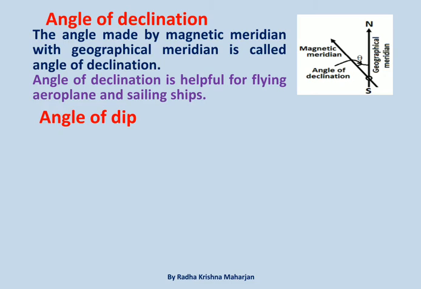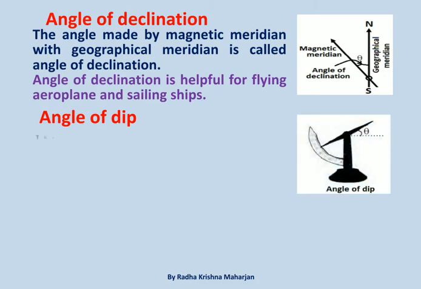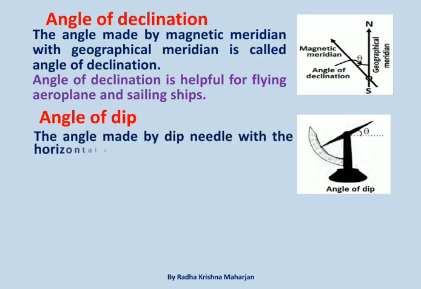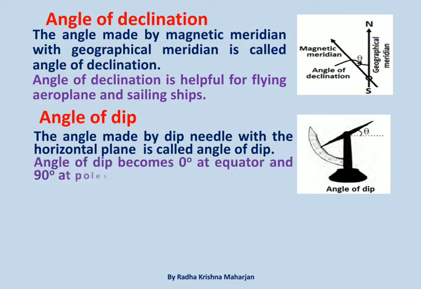Angle of dip. The angle made by dip needle with the horizontal plane is called angle of dip. Angle of dip becomes 0 degree at equator and 90 degree at poles.